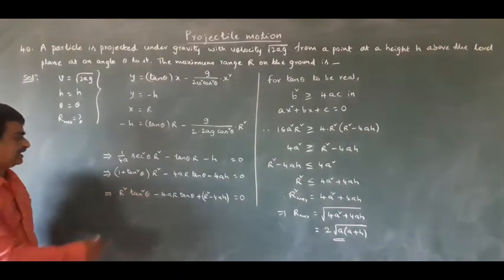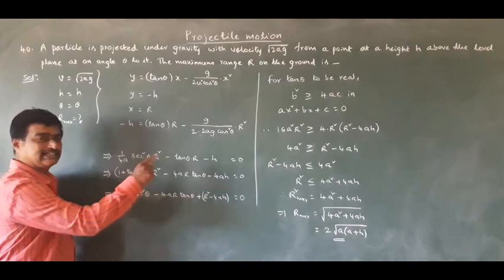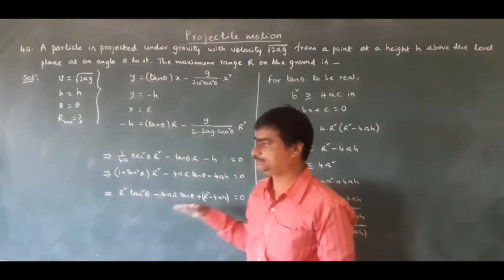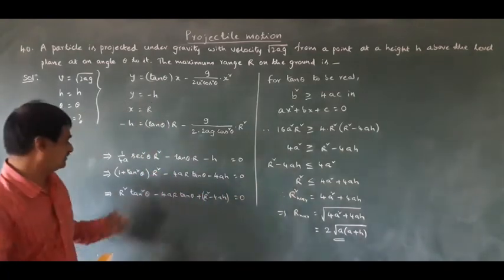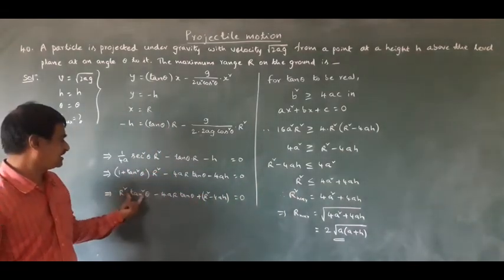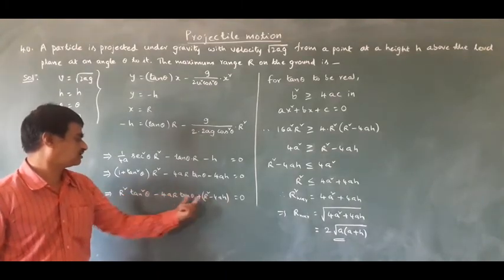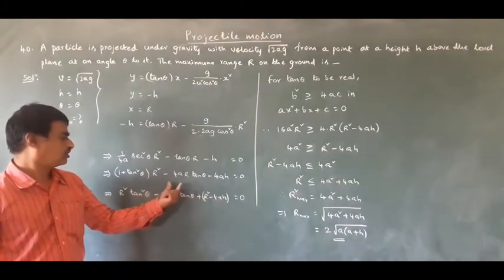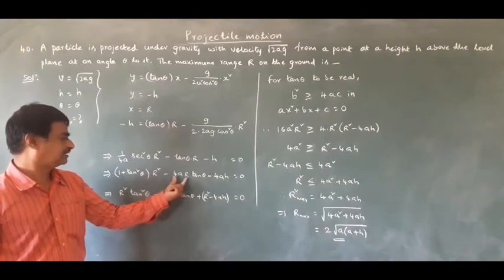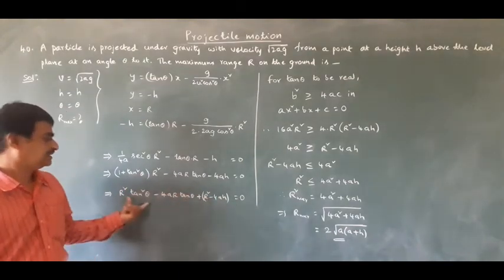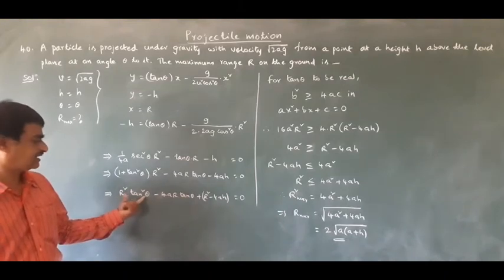Then we write the equation for tan square theta: r square tan square theta minus 4a r tan theta plus r square minus 4ah. This is the equation in tan theta.